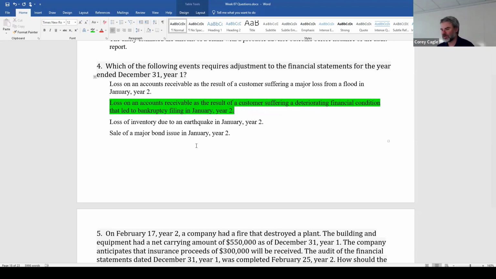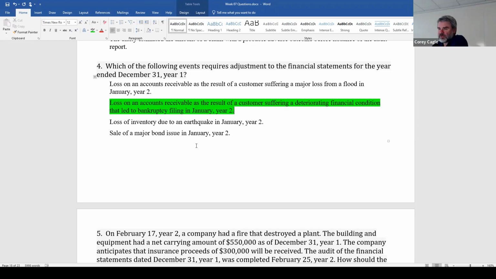With A, the event that caused the problem occurs after year end. With B, the event does belong in year 1. They're having financial problems, and we have better information about how bad those problems were during our financial statement year because of what happened in January. Very subtle difference, but it makes sense, right?